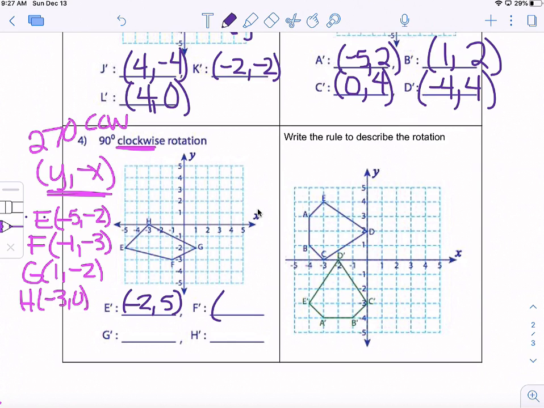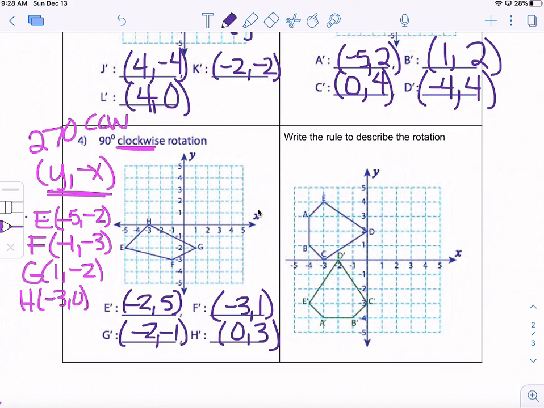F prime is going to become -3, +1. G prime, -2, -1. And then H prime would be 0, +3. So I'm taking the x value and changing its sign, and it goes to the back. The y comes to the front and stays the same.